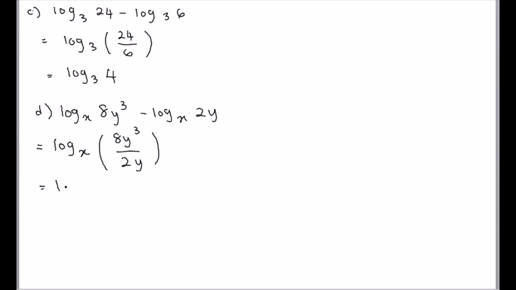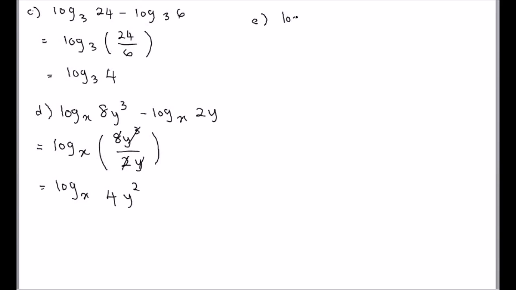Let's simplify. Log base x 8 divided by 2 is 4, y cubed over y squared. So the answer is log base x 4y squared.